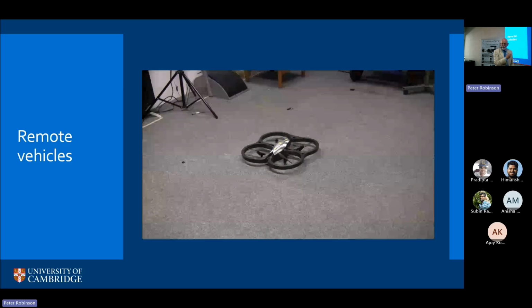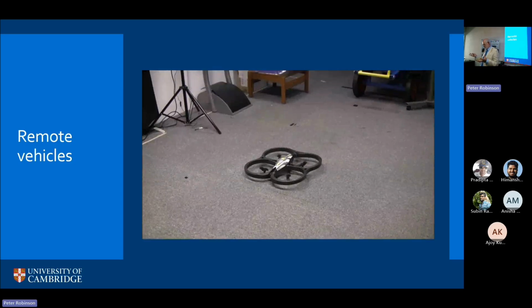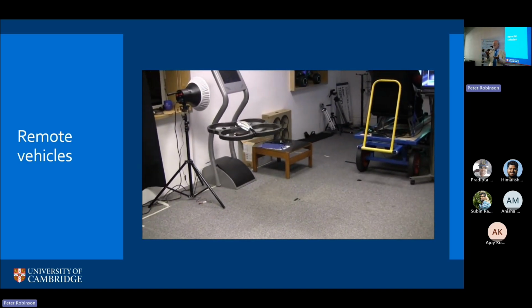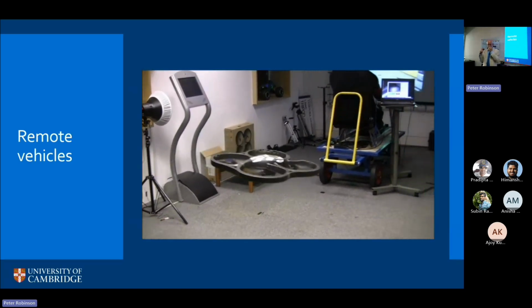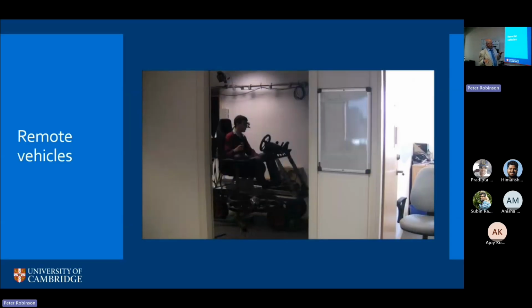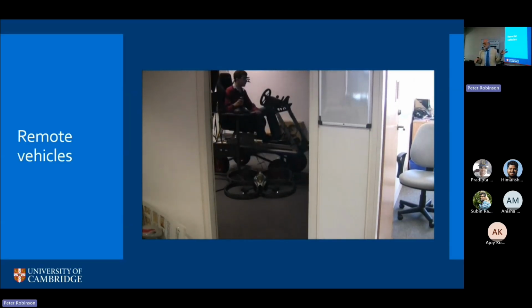And so we moved from a pure simulator to a remote control device. What we did was get some off-the-shelf drones. These are ones that you normally just control as a toy from your mobile phone. We reprogrammed them so that they ran on our laboratory infrastructure network, and we could control them from our driving simulator.